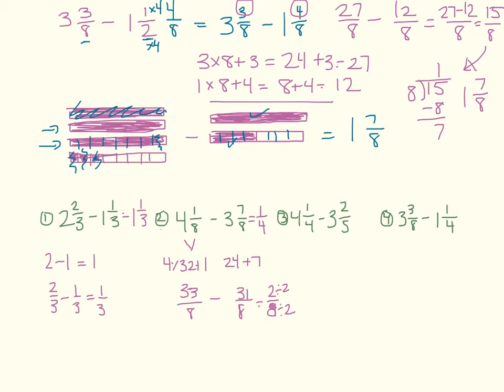With these ones, I need to check and find a common denominator, which when I look at the multiples is 20. So this becomes 4, and 4 times 5 equals 20, so 1 times 5 equals 5 over 20, minus 3 and 5 times 4 equals 20, so 2 times 4 equals 8.